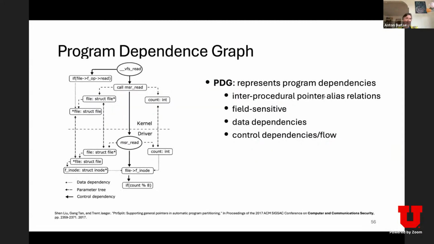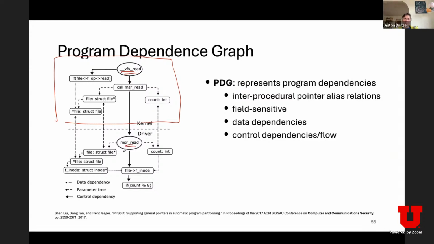And this program dependence graph is a way to scale static analysis, or more specifically, alias analysis. It represents the kernel as a graph, and then you can collect information about individual fields within a function, like VFS read or MSR read.